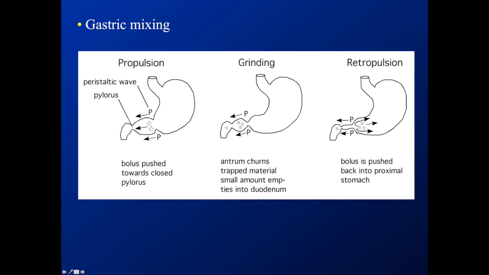And then you have retropulsion as this peristaltic wave continues towards the pylorus. The bolus that isn't pushed through the pyloric valve is then pushed back into the proximal stomach.